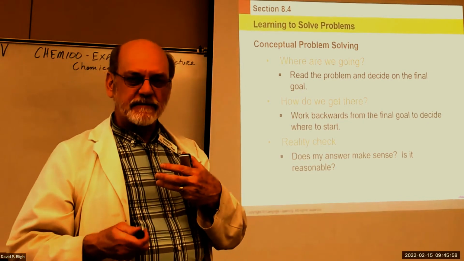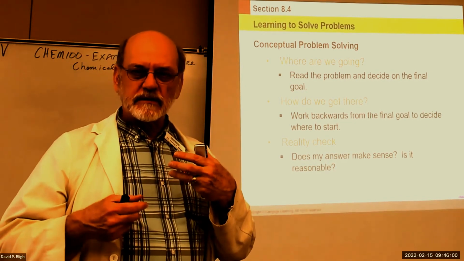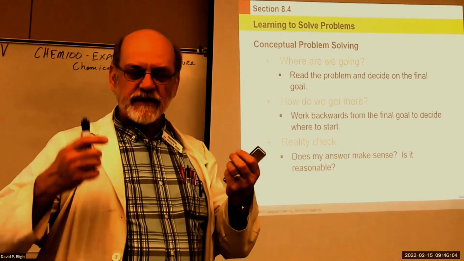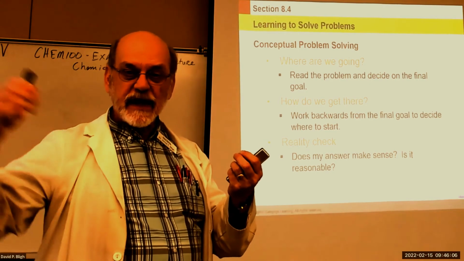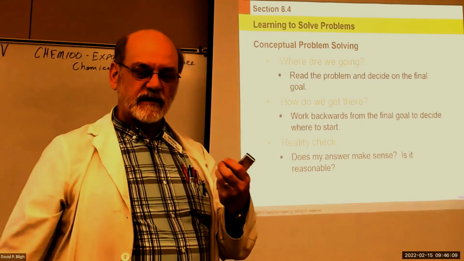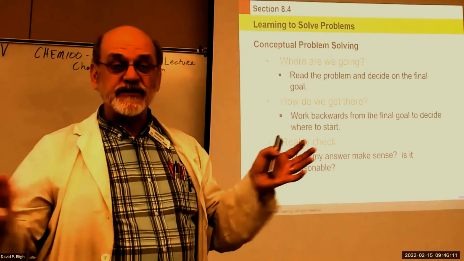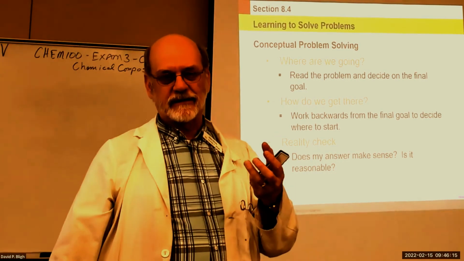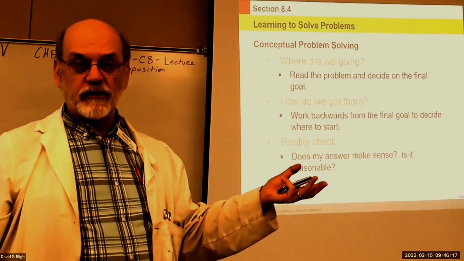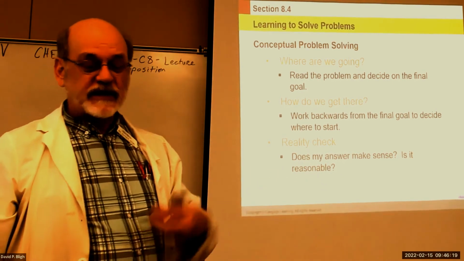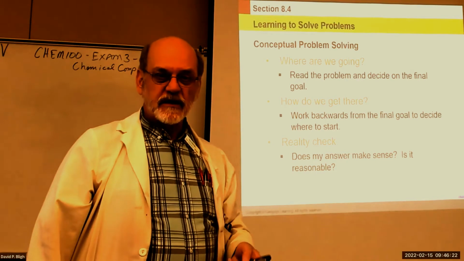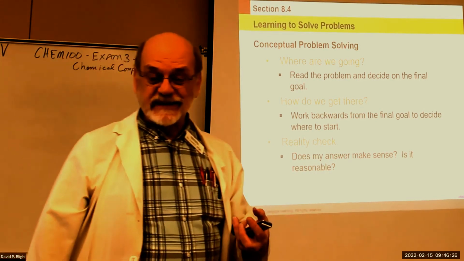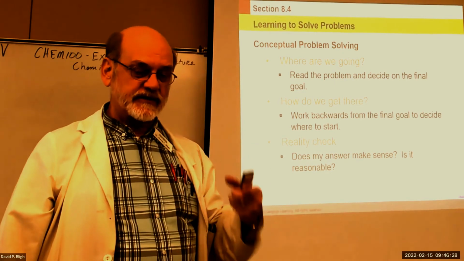And he was amazed at how the students would take formulas from that chapter and then take the problem that was given to them and cram the numbers into that formula without any consideration for whether those numbers were supposed to go in that formula or not. And invariably, they come up with the wrong answer. But they turn it in anyway because they have no concept of reality. Does that answer make sense?